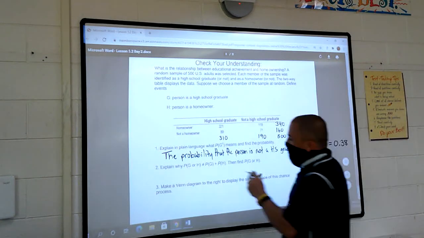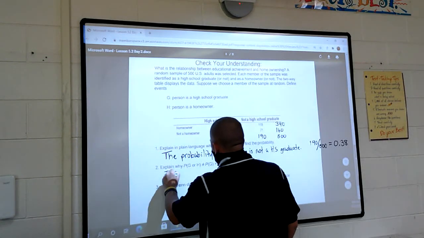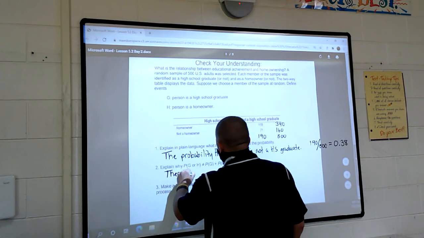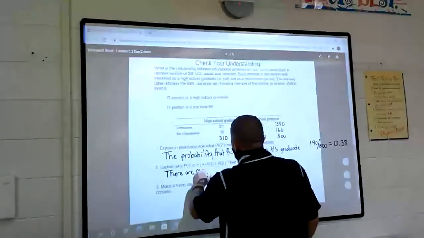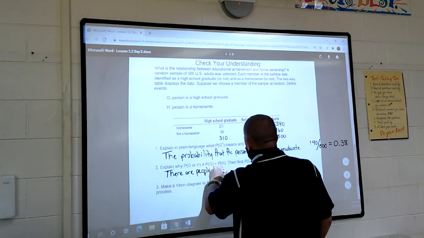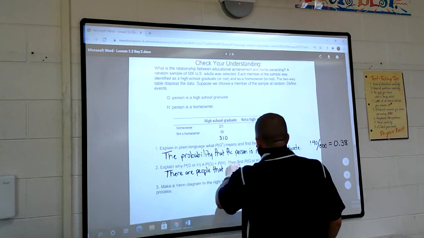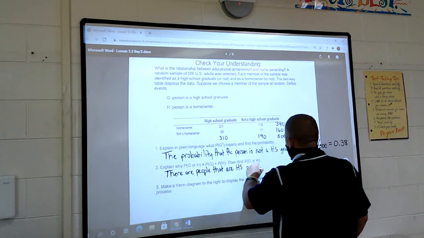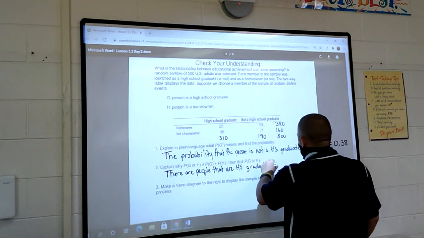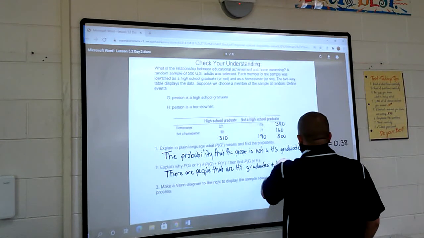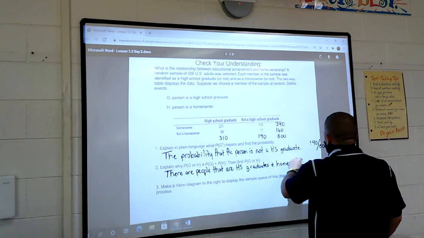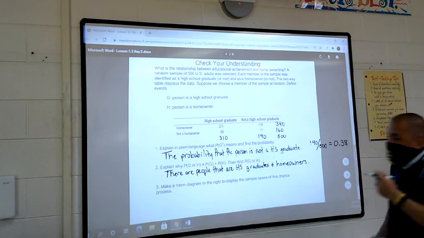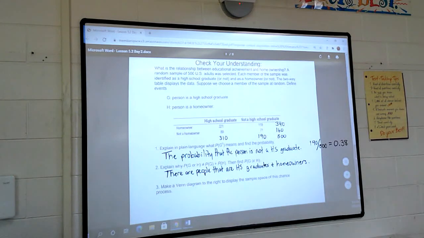So because there are people that are in both, there are people that are high school graduates and homeowners. So that's why you can't just add the two together, because it overlaps. Because there's people that are in both groups. If they were mutually exclusive, if they were disjoint, they didn't overlap, if people couldn't be in both, then we could just add them together.